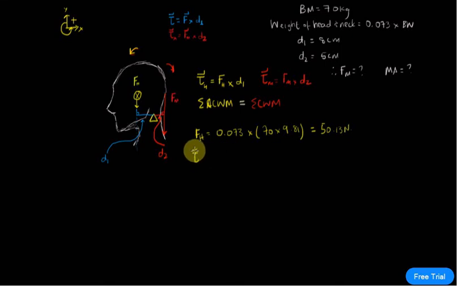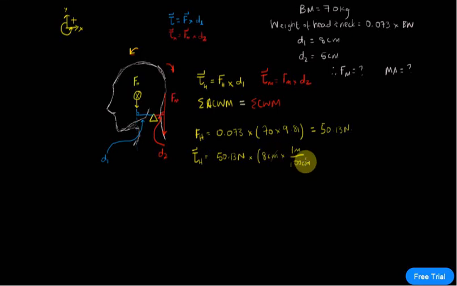Therefore, the torque created by that FH is equal to FH times d1, which is 50.13 newtons multiplied by 8 centimeters, but remember it has to be converted to meters. So 8 centimeters multiplied by 1 meter per 100 centimeters. Remember, there's 100 centimeters per meter.